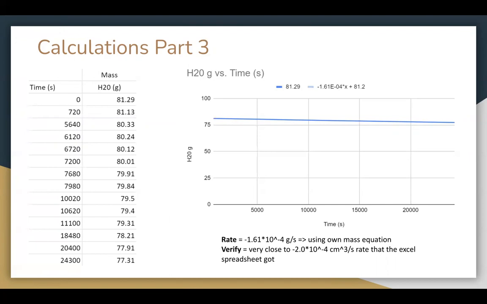We found that the rate of evaporation turned out to be negative 1.6 times 10 to the negative 4th grams per second using our own mass equation. We were able to verify in the Excel spreadsheet that the data was taken from that the rate of evaporation was close to negative 2 times 10 to the negative 4th.